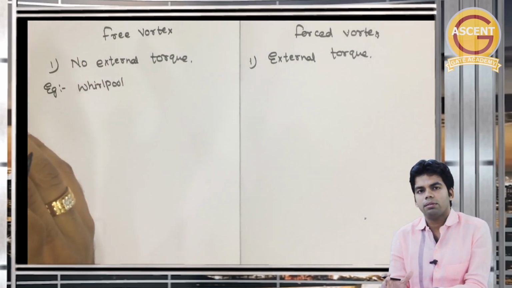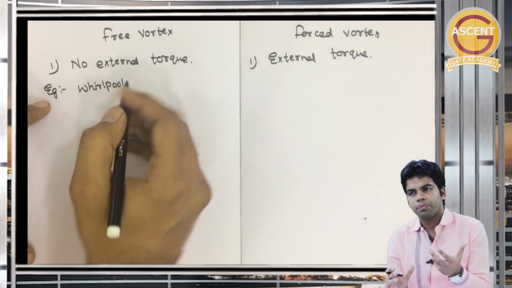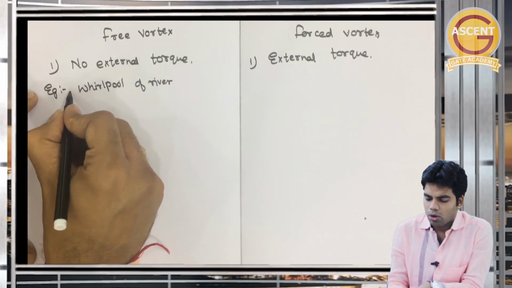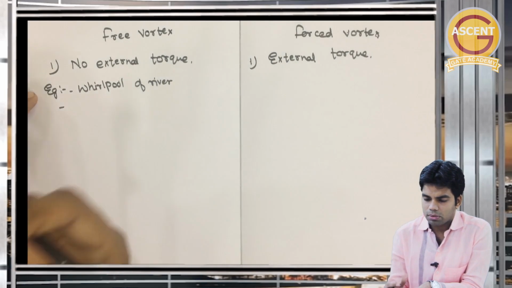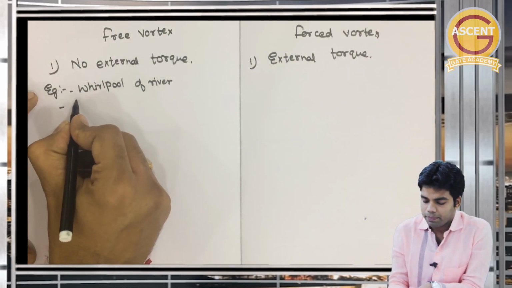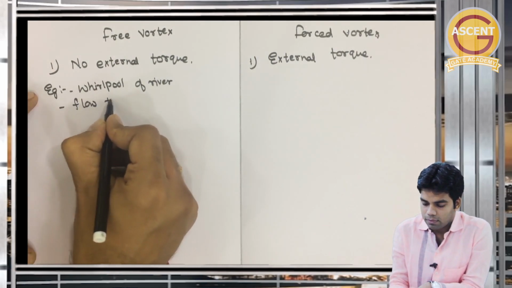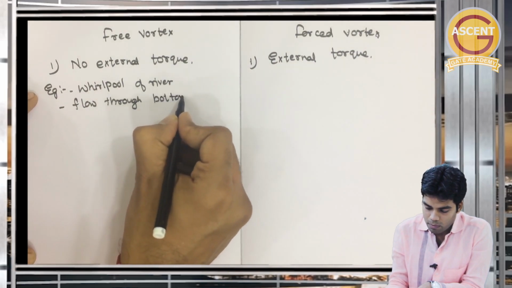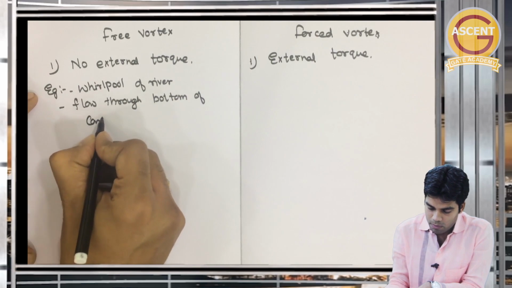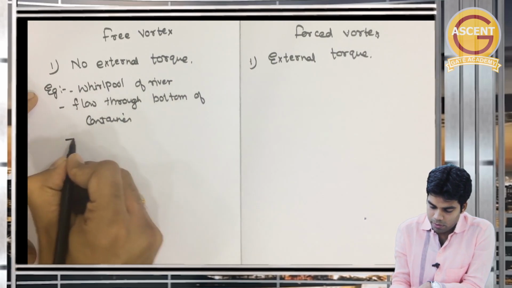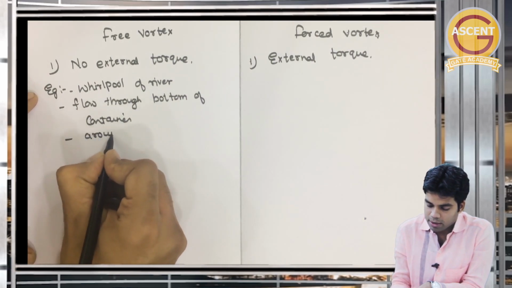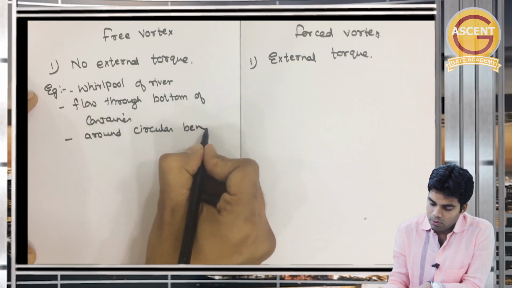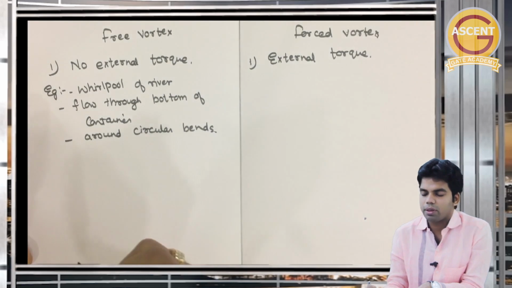External torque we are not applying, the vortex is produced naturally, like a whirlpool of a river, or the flow through the bottom of a container, or flow around circular bends. These all are examples of free vortex.